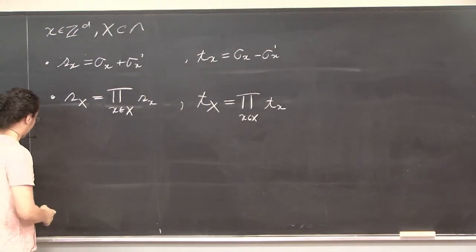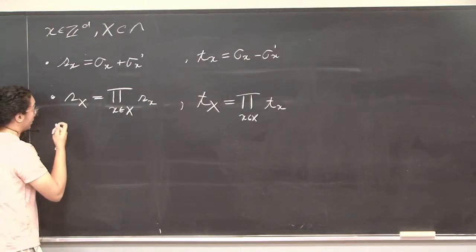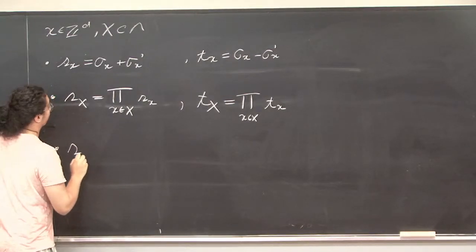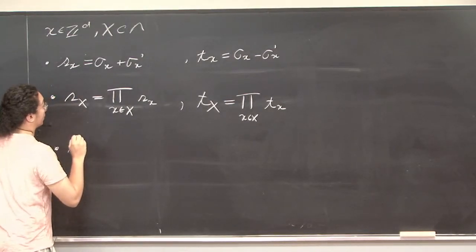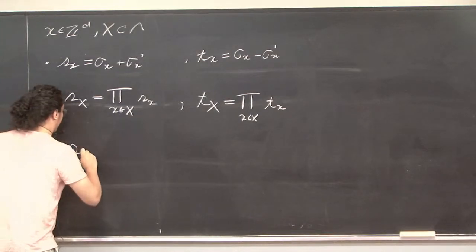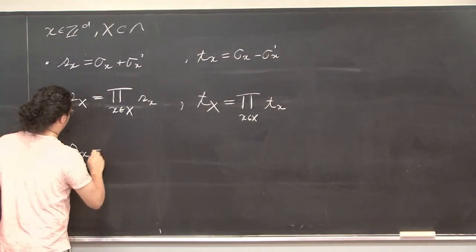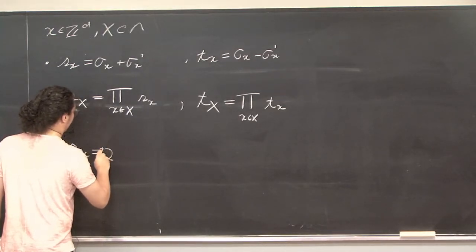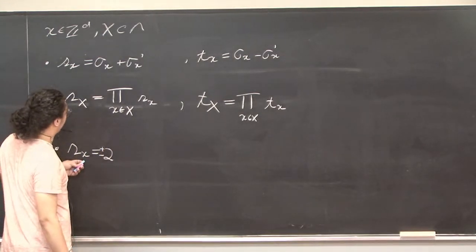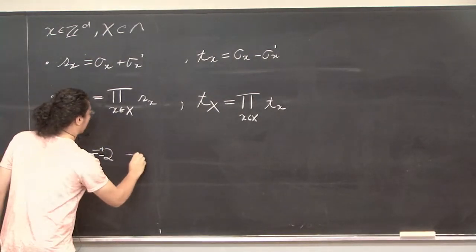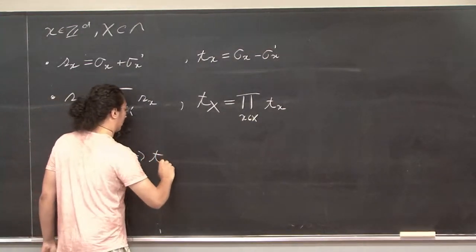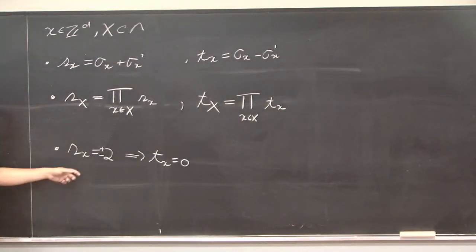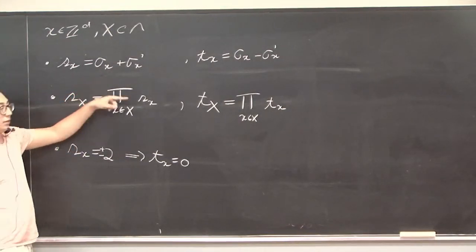It's easy to see that if S of x is plus or minus 2, then T of x is equal to 0, because in this case the spins coincide and T is the difference.